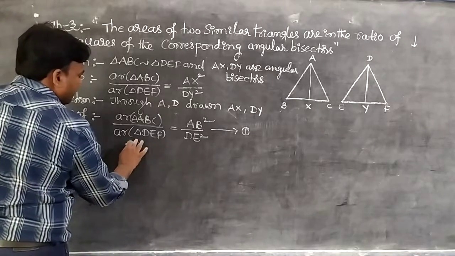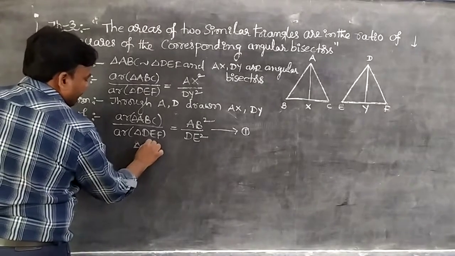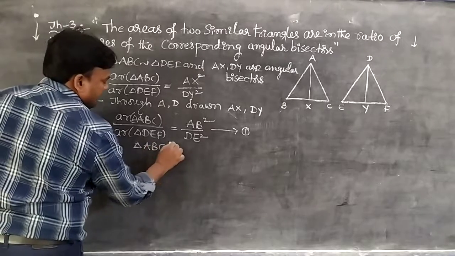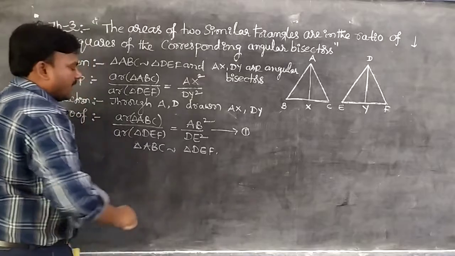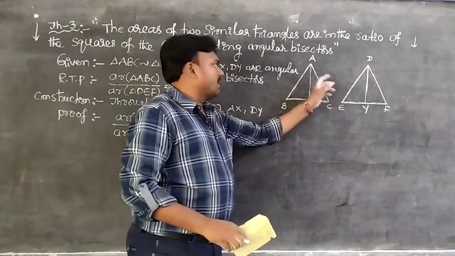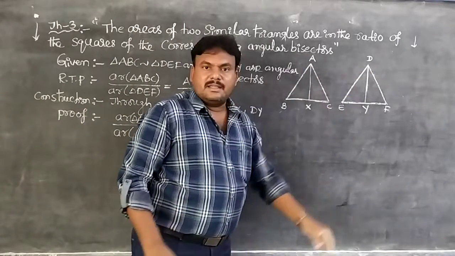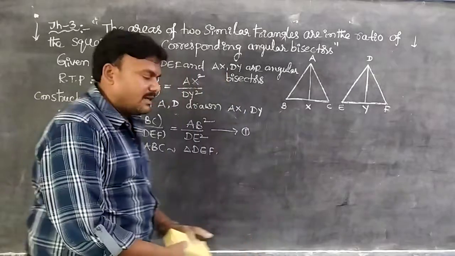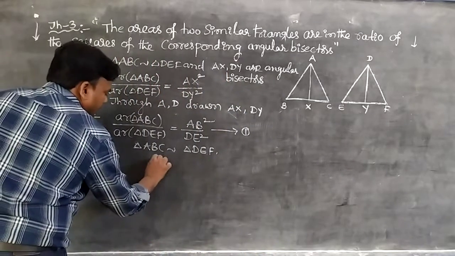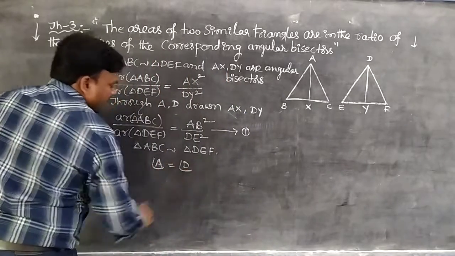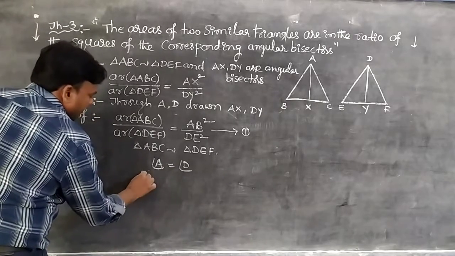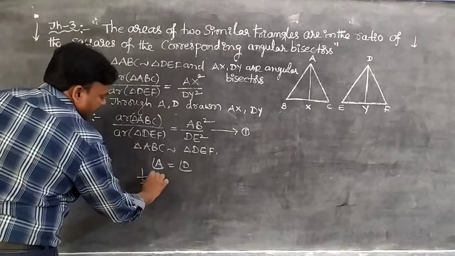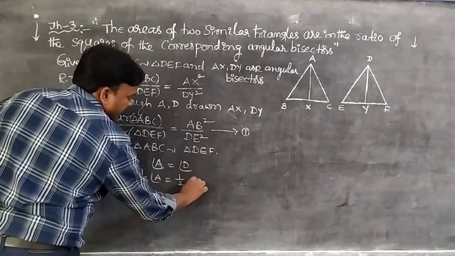Then triangle ABC is similar to triangle DEF. Both are similar, which means angle A equals angle D. Is it or not? Then angle A equals angle D. By Euclid's axiom, yes, half angle A equals half angle D.